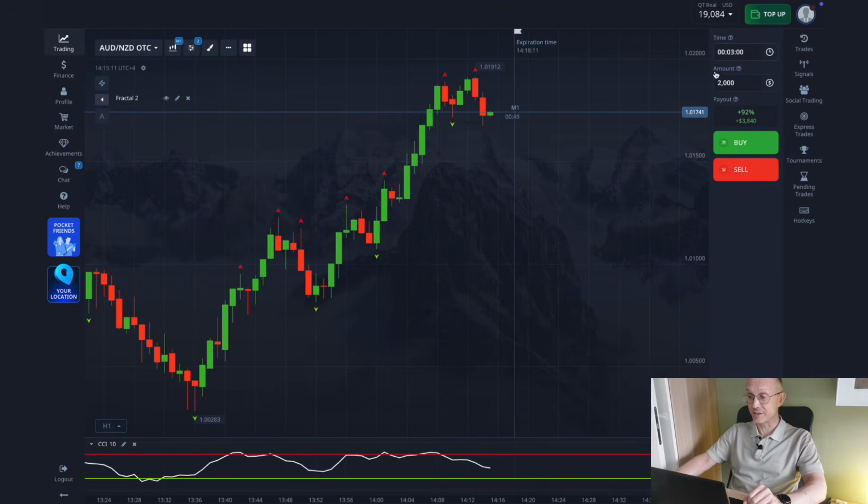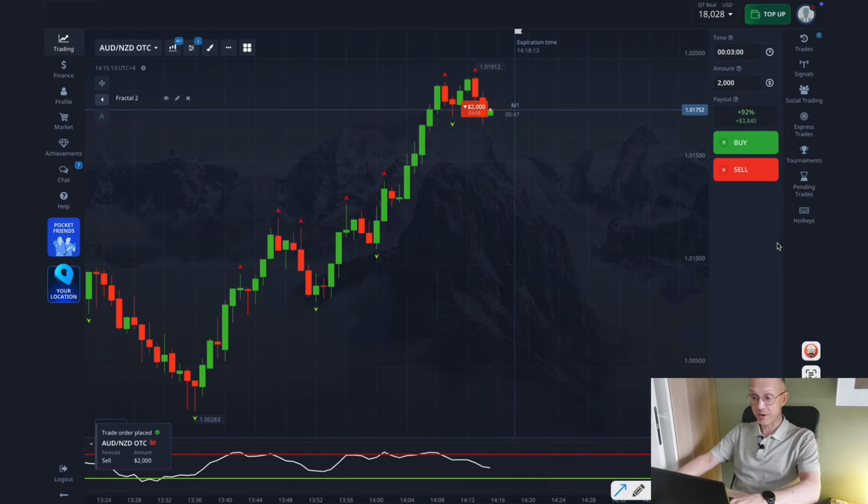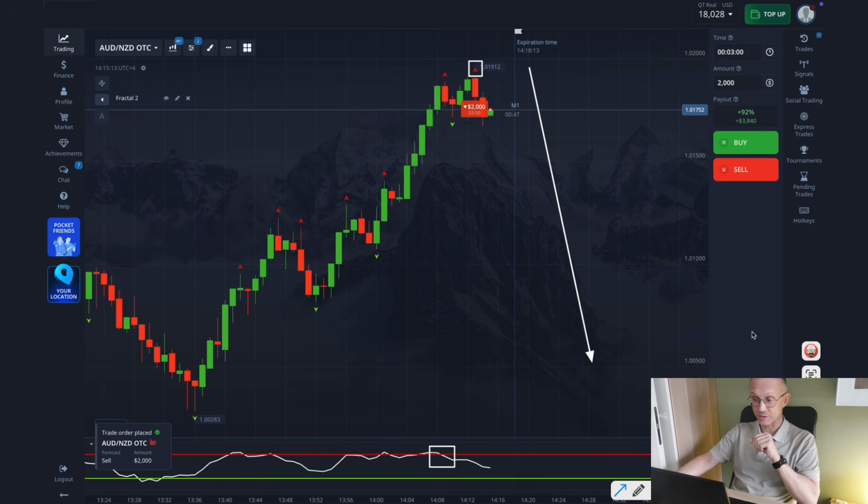A clear signal has just appeared. The expiry time is 3 minutes and I'm opening a short trade for $2,000. The movement on the chart is excellent and the indicators clearly confirm the correctness of the chosen direction. After a very long growth, I see that both indicators point to the beginning of a downtrend and the chart is drawing red candles, which is a strong signal for a continued decline.